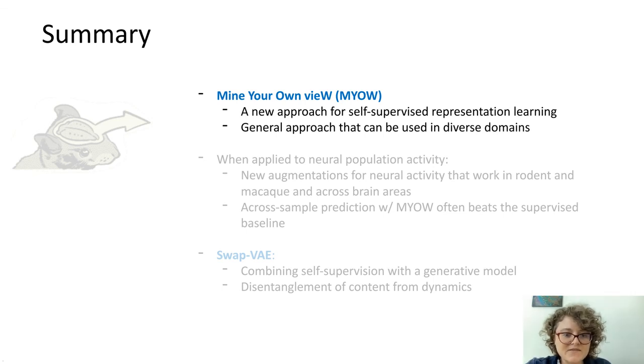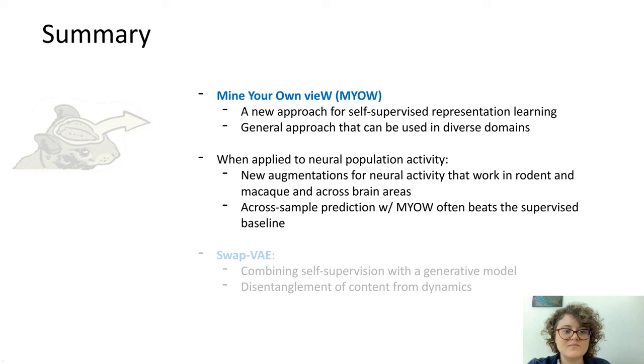We described specifically the application of Meow to neural population activities, discussed what it means to form augmentations of neural activity and showed that those work in both rodent and macaque. And then also demonstrated that cross-sample prediction with Meow often beats the supervised baseline.